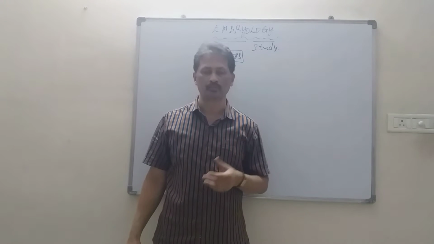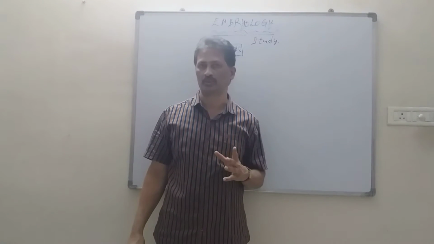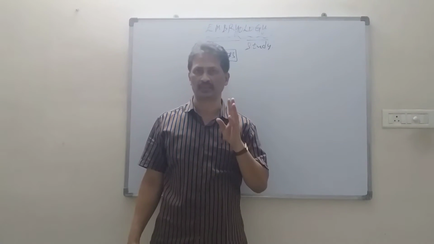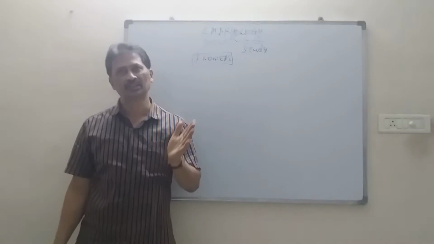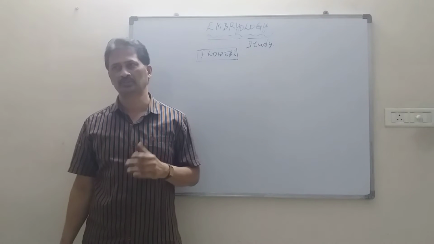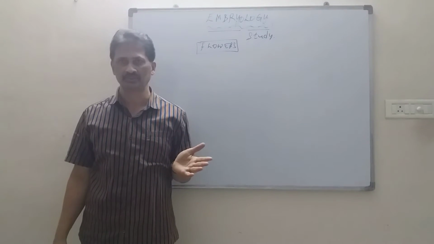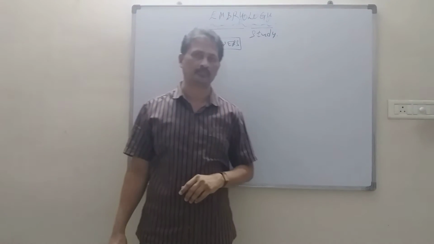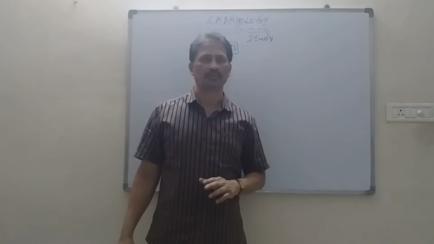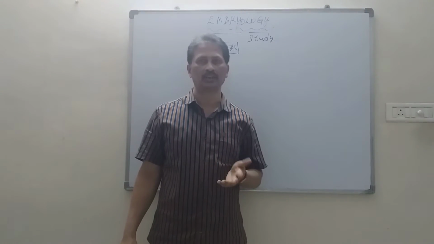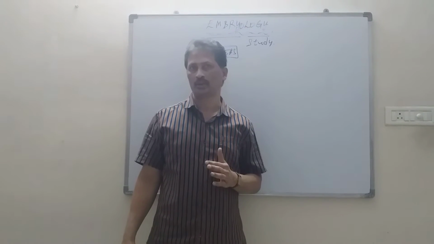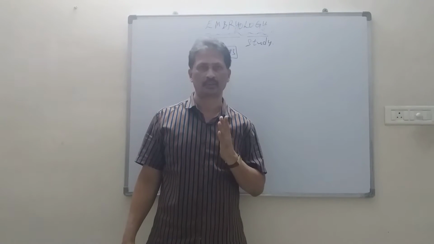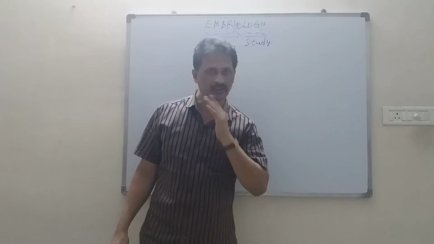Out of these four parts, the first two, the calyx as well as the corolla, are not related with the reproduction. That means they do not directly participate in the reproduction process. So in the flower, calyx and corolla are generally regarded as non-essential parts. They are not essential for the reproduction.